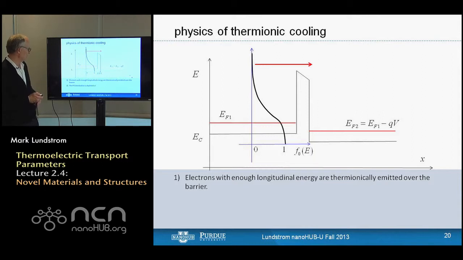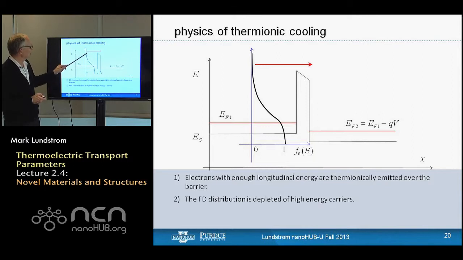And when they do that, electrons are depleted from that high energy tail of the distribution. Now, in order to maintain that thermal equilibrium distribution, the electrons have to absorb thermal energy from the lattice, and those electrons will gain energy and fill in that thermal equilibrium distribution again.